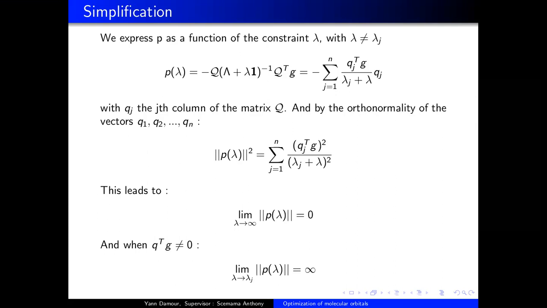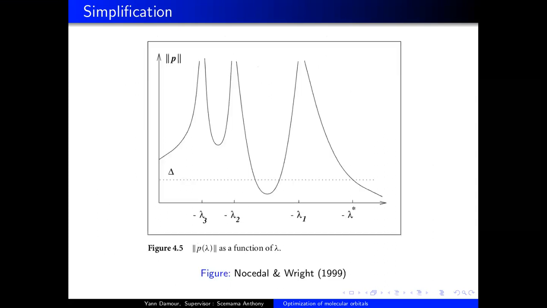So between lambda 1, an eigenvalue of the matrix, and lambda equal to infinity, we have a solution where the norm of the vector P is equal to delta, the radius of the trust region.